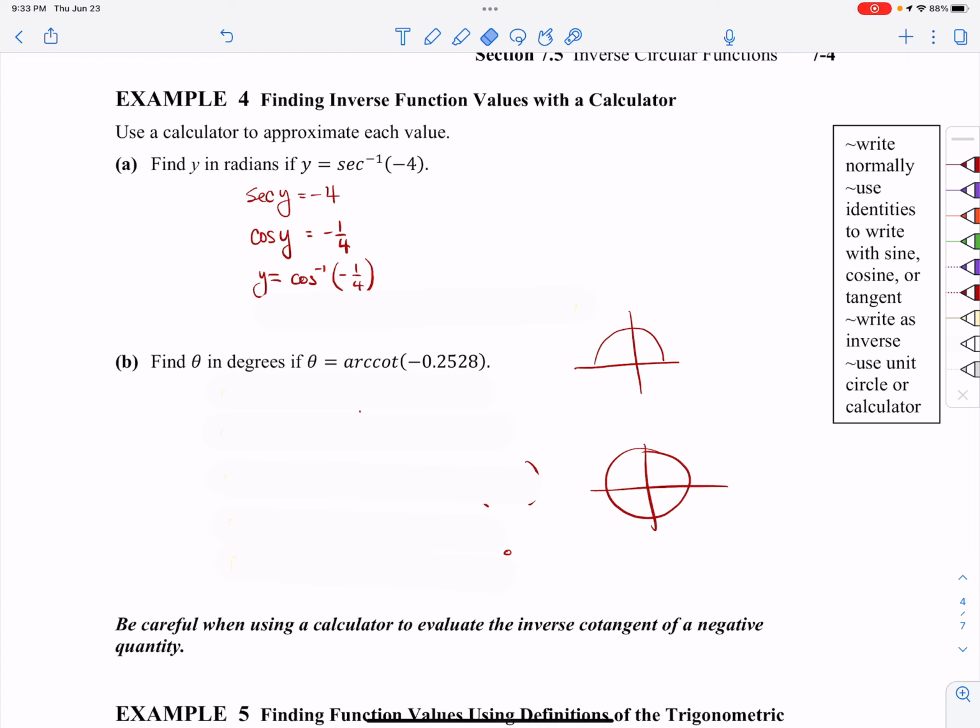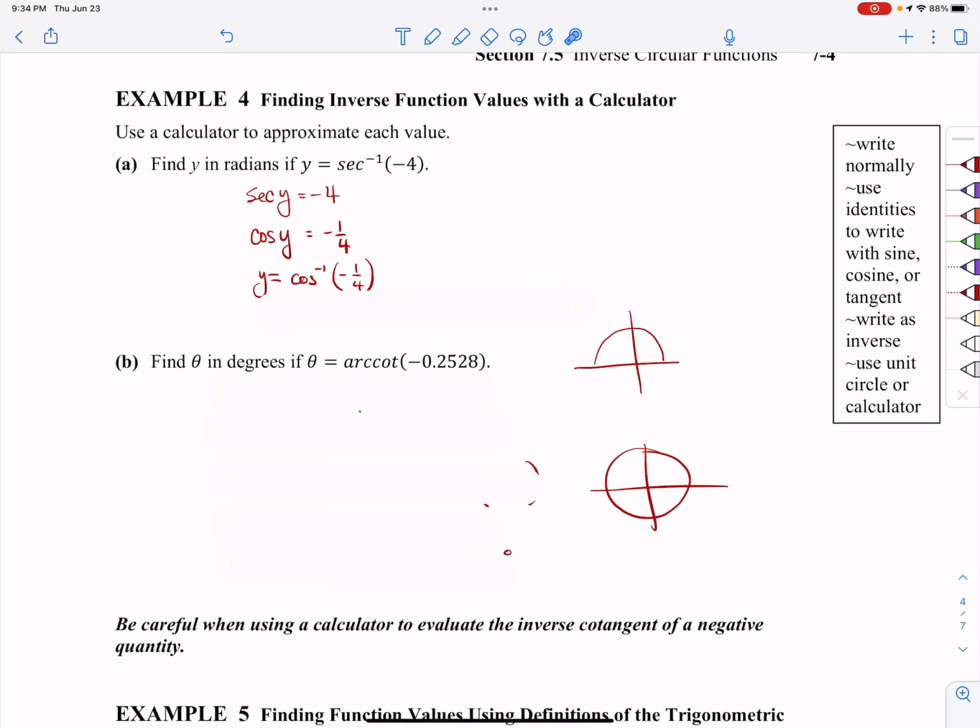Now, one thing to keep in mind here is to always have a mental plan. I didn't actually write it down here, but always, always, always have a mental plan. You know that secant inverse, its restrictions are going to be the top half of the circle.